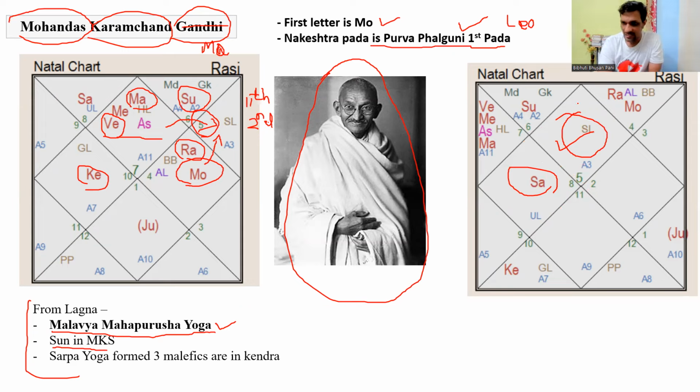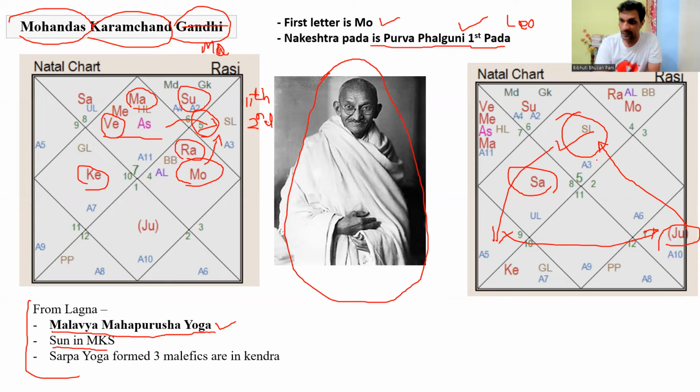Second thing is that from Nama Rashi, you will find the fifth lord, Jupiter, is in the ninth house. Fifth lord is in the ninth house. Oh, very good combination. And this Jupiter is retrograde, and it is looking at the Lagna sign, a planetary aspect.